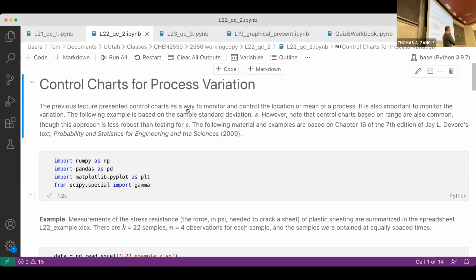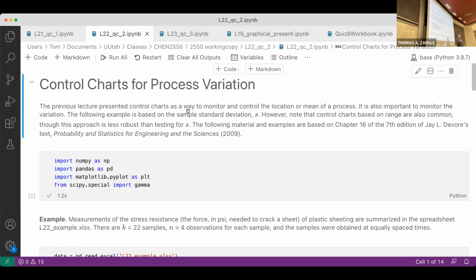So in last lecture, we talked about control charts for process location. And by process location, we mean the location of the mean, or the central tendency of that process. And we discussed this in terms of what we called an X bar chart, where we plotted X bar, or the sample mean, as a function of time.